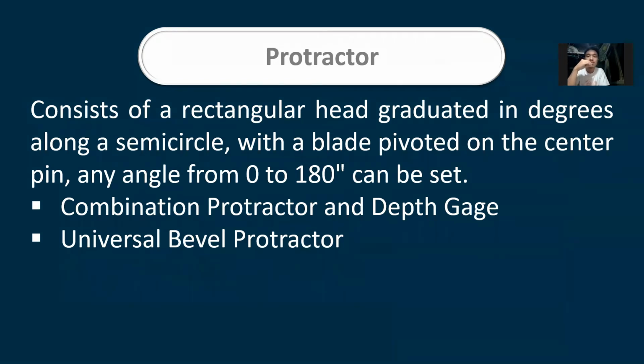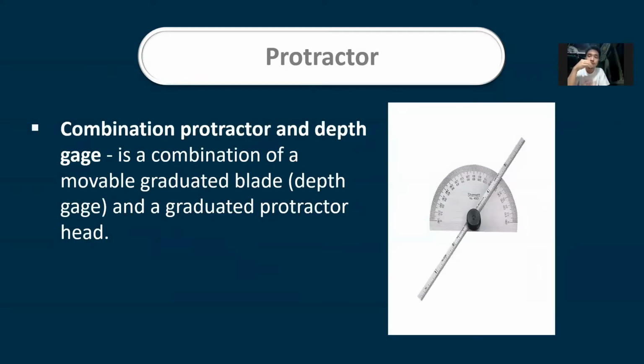So may dalawang klase siya, which is combination protractor and depth gauge and universal bevel protractor. For the first type of protractor, it is the combination protractor and depth gauge. So basically, combination sa ng protractor at yung pang-measure ng depth.